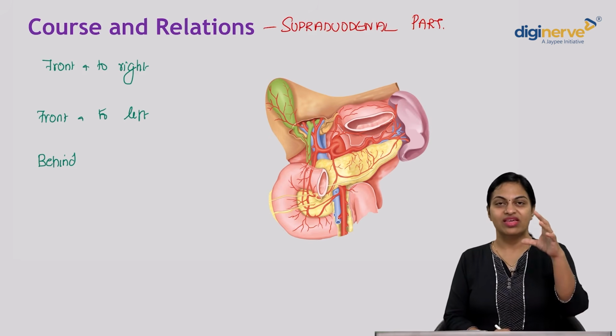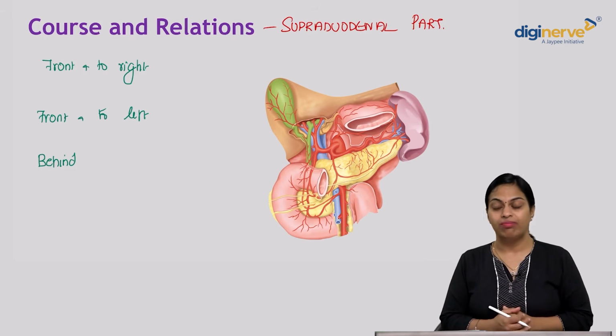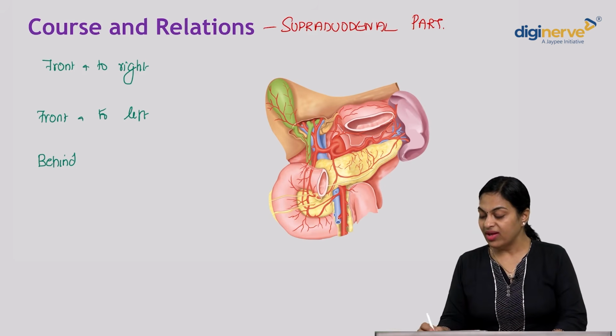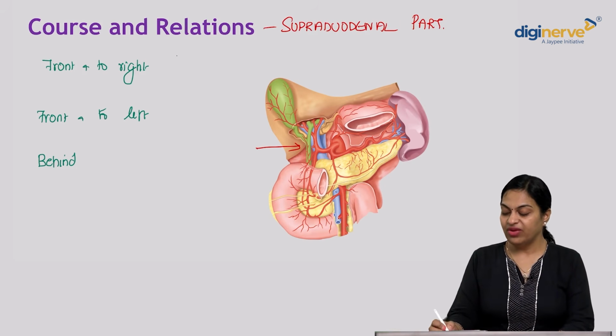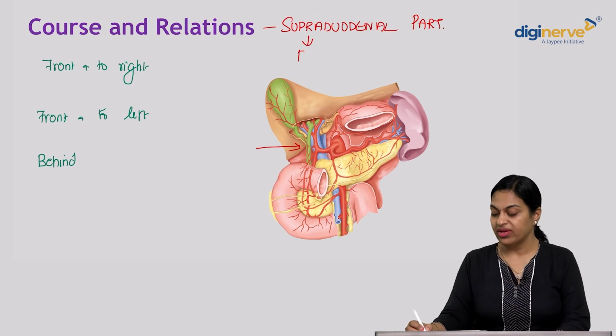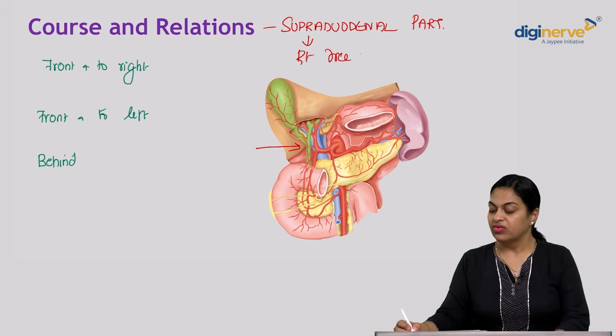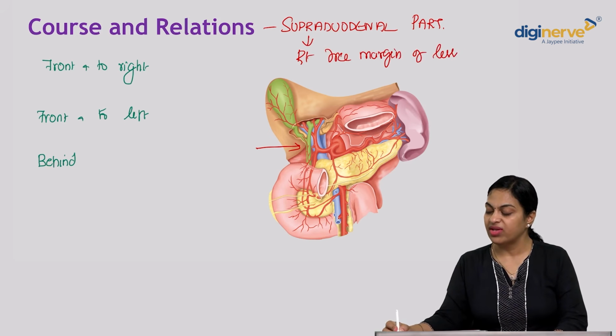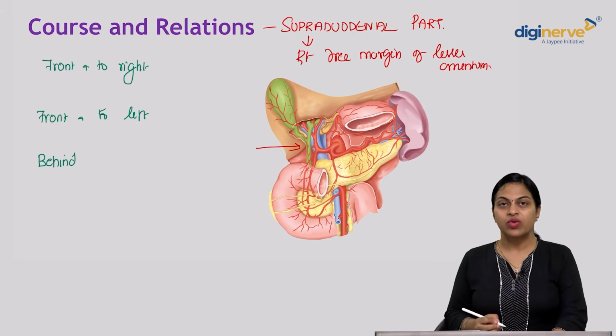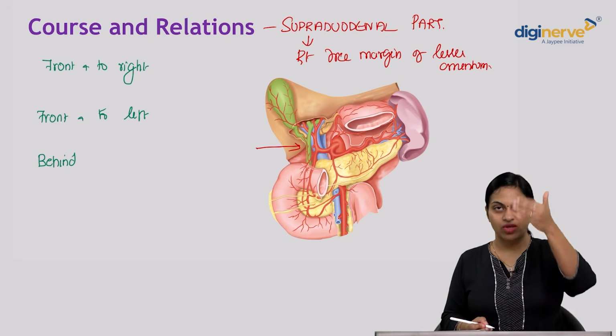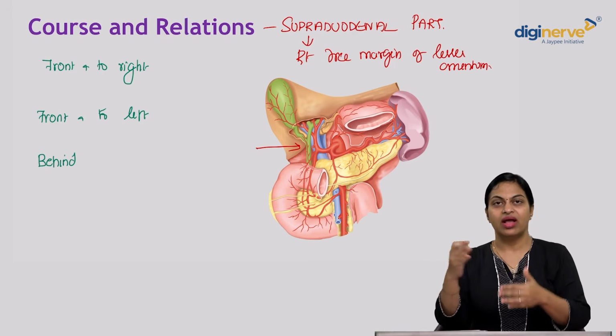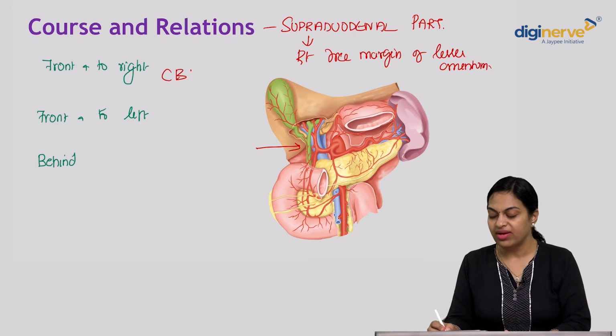Coming to the relations in the supraduodenal part, as I told you, it lies in the right free margin of the lesser omentum. Okay. So we have been seeing the structures in the right free margin of the lesser omentum, the attachments of the lesser omentum, the contents, all that, right? Okay. So here, you see the portal vein, and just to the front and to the right of it will be the common bile duct.